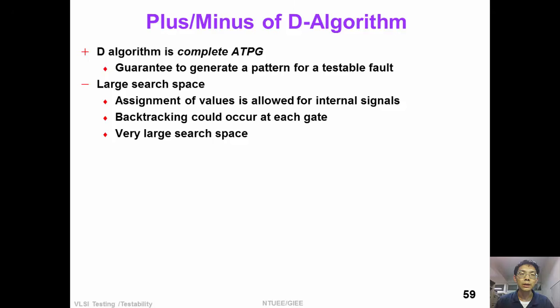Backtracking can take place at each gate. This is a very slow algorithm. So in the following, we will introduce an even faster ATPG algorithm called the PODEM algorithm.